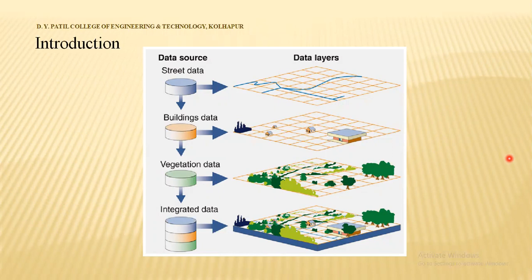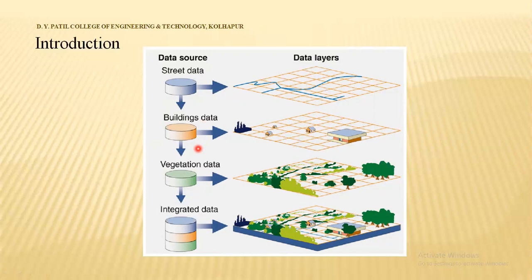GIS consists of a set of largely independent layers, as you can see in the slide, and spatial elements, each representing some component of the environment and some set of environmental concerns.